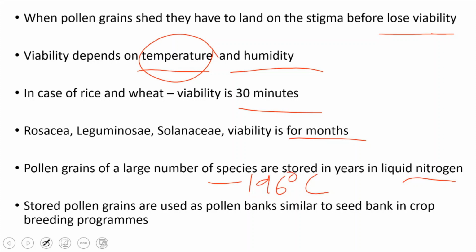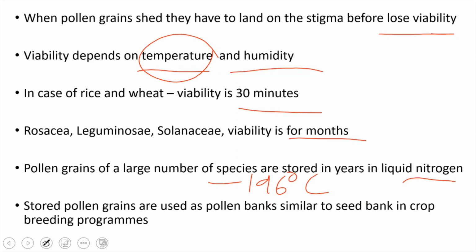See, what is the use of storing these pollen grains? Stored pollen grains are used as pollen banks. The place where the pollen grains are stored, we call a pollen bank, which is similar to the seed bank where seeds are stored. In crop breeding programs, we can use these stored pollen grains.